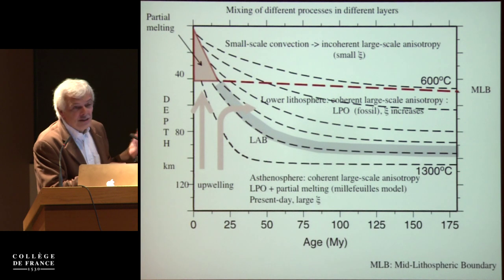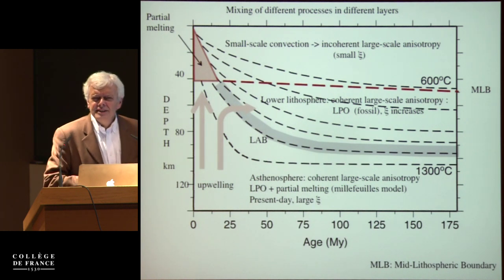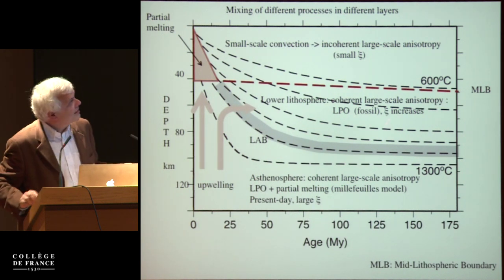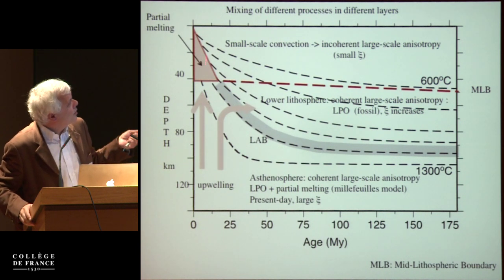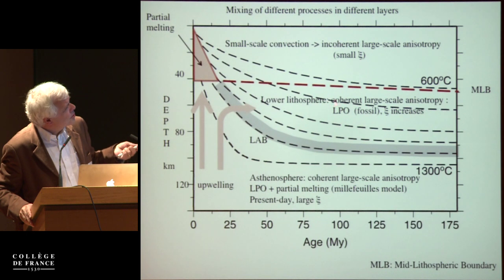It does not mean there is no anisotropy. It means that since we are only looking for long wavelengths, we cannot see it in the upper 40, 50 kilometers.